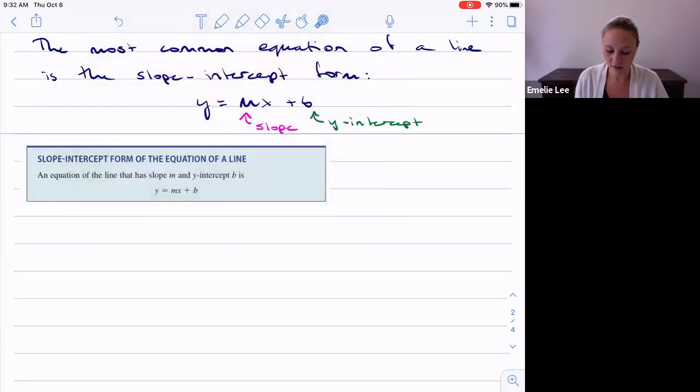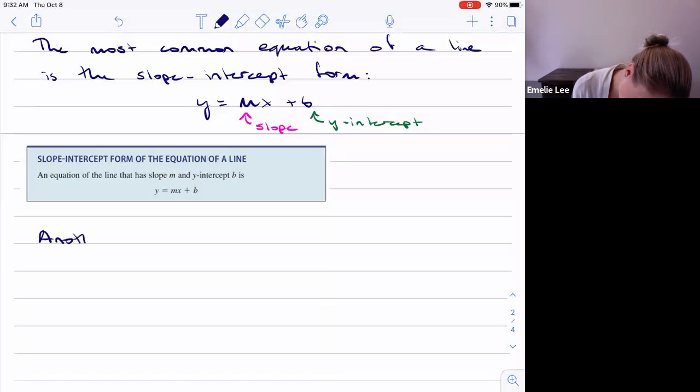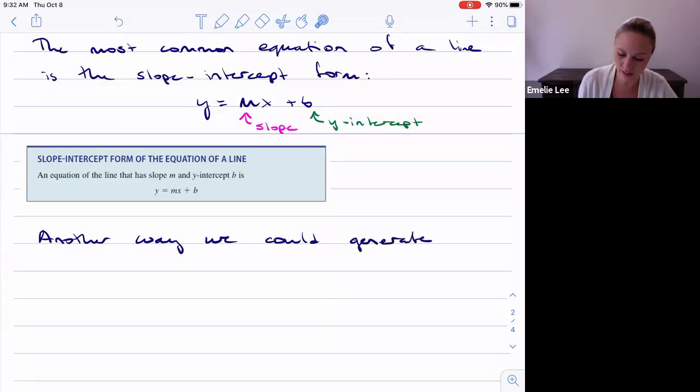Another way that we could generate an equation of a line is the point slope form of a line. Because notice you have to know the slope and you have to know the y-intercept in order to put it together and make this equation of the line. Sometimes you don't have this.